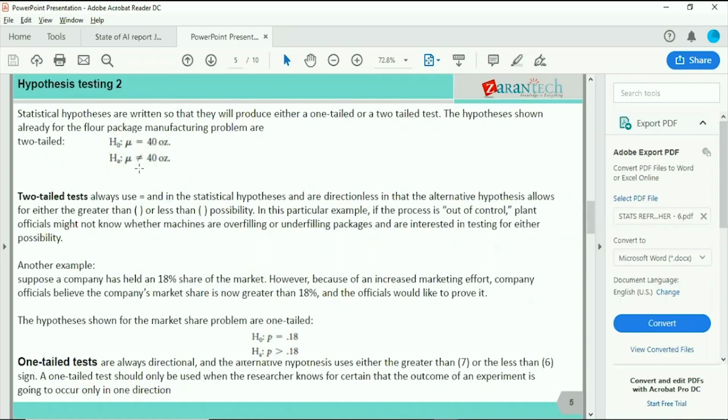So here it will only prove that it is not equal to 40, but it will not prove that it is greater than 40 or smaller than 40. This kind of scenario is called a two-tail test.